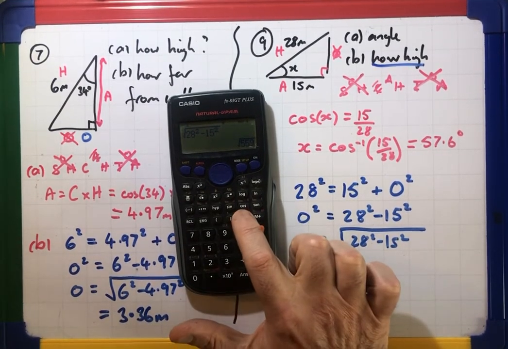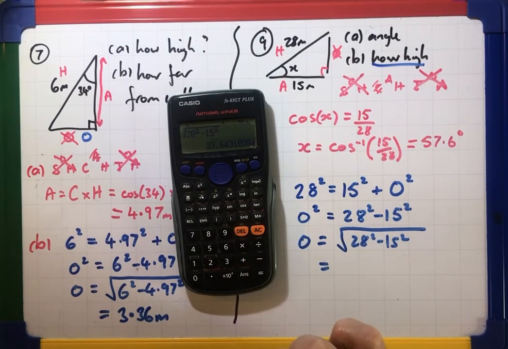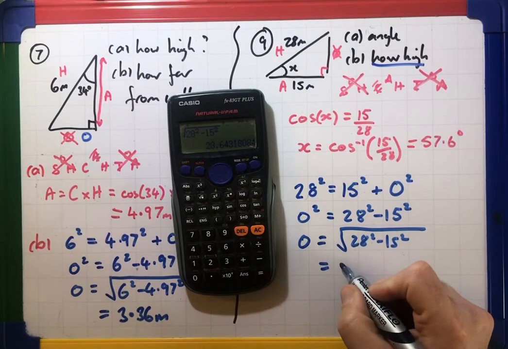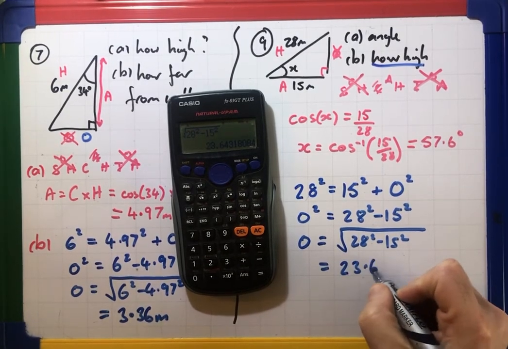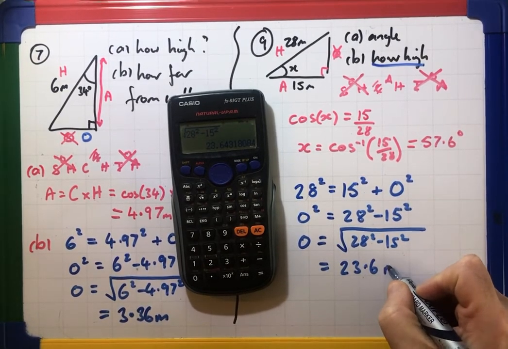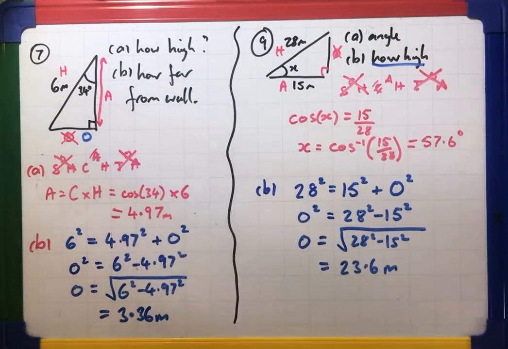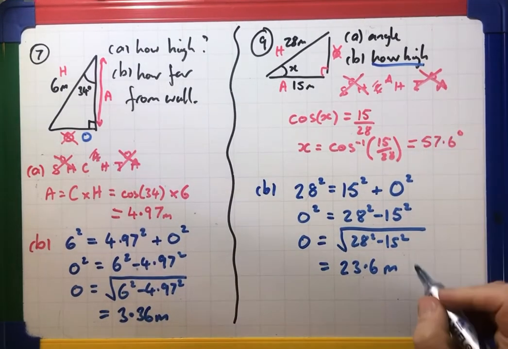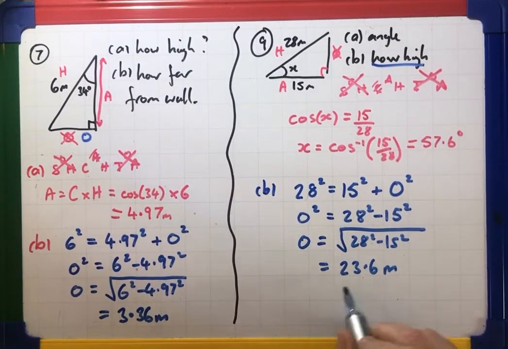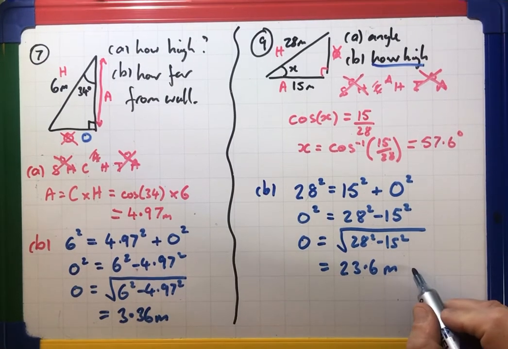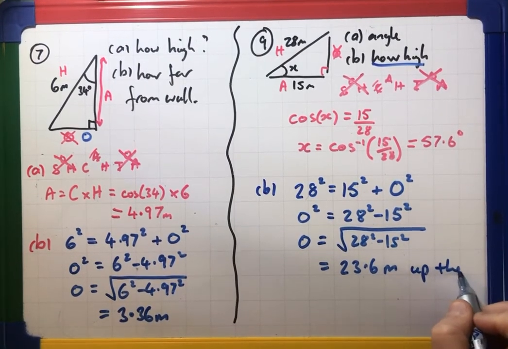So I'm going to use the S to D button, turns it into a decimal. So it's 23.6 to 1 decimal place. And what was it in meters? Okay, so you can say the kite, or wherever it was, 23.6 meters up the tree.